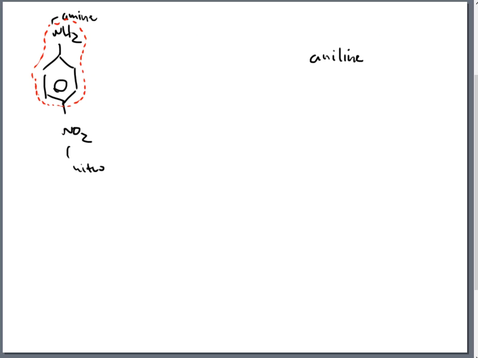Okay, well, if I do this, then by default that NH2 is going to get the number 1 spot because that's the way that I've named it. Then this will get number 2, then that will get number 3, and this will get number 4. So 4-nitroaniline would be an acceptable name for that compound.